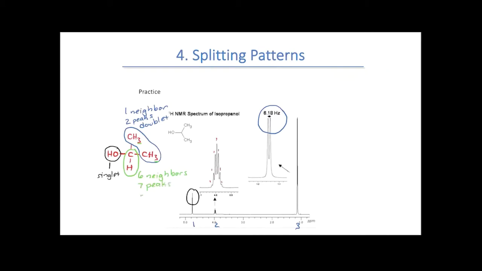So 7 peaks was our septet. Now note, when we're counting the neighbors, we count each of the CH3 groups. We count the total number of neighbors, not just the equivalent type, the total number. So that's how we get this peak here, or that peak gets split into 7 peaks.